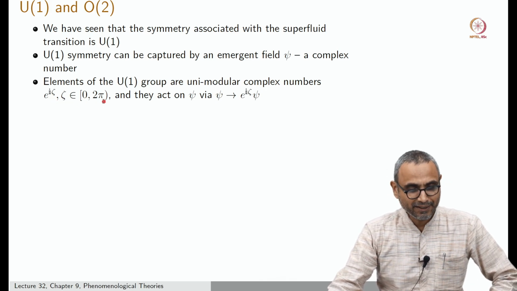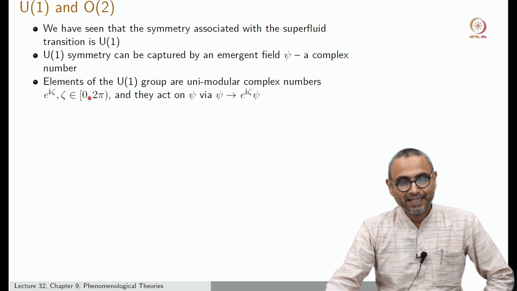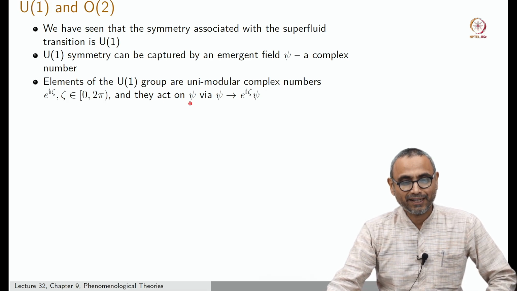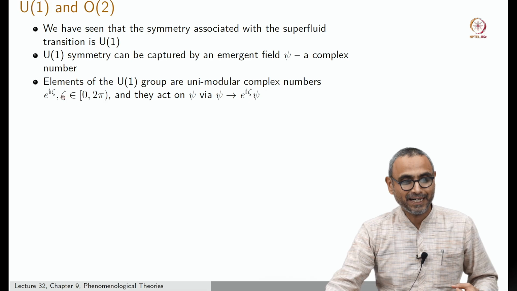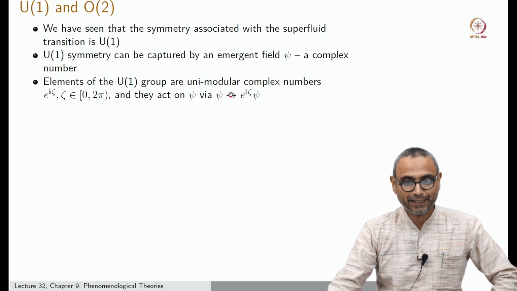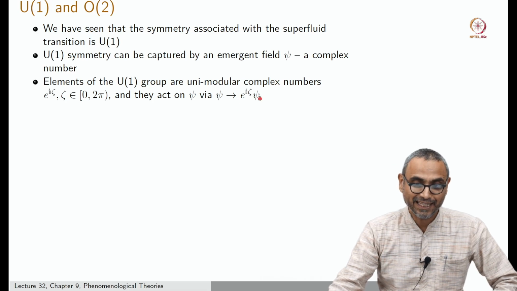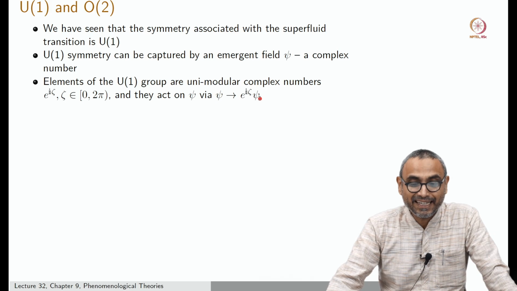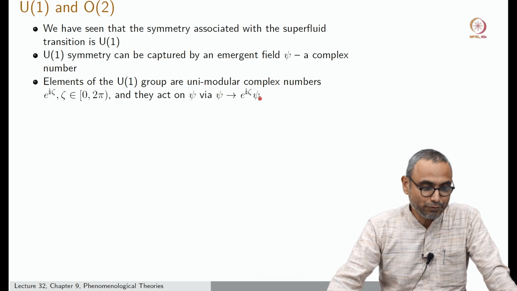So you can close this, and 2 pi can be identified with 0. How do they act on my emergent field psi? I'll take psi and multiply it by an element of the U1 group. It will transform that to a new complex number, which is e to the i zeta times psi. So this is how the U1 symmetry acts on my emergent field.